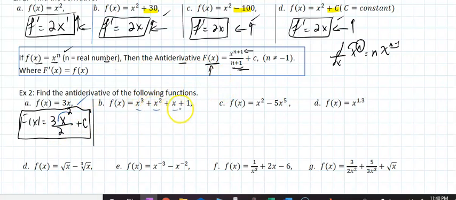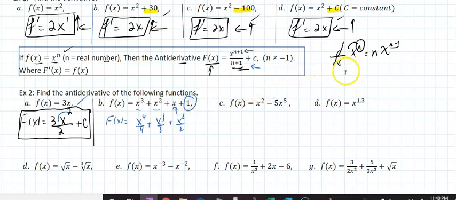What if I have multiple terms? Well, that's no big deal. It's just like we took a derivative of each, we will take an antiderivative of each. As long as it's a power function, add 1 to the power, divide by that. Add 1 to the power, divide by that. And what do you take a derivative of to get 1?